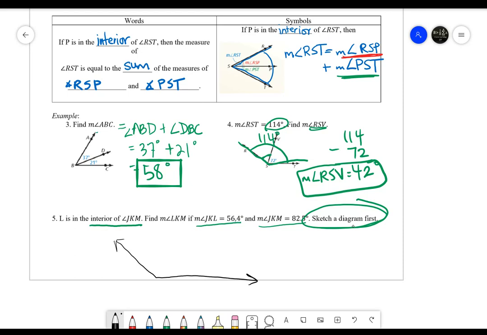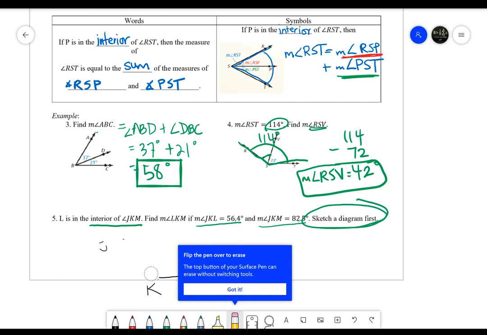It looks like these two added together is more than 130. J will be over here. K must be in the middle because it is the vertex. And then somehow, JKM is actually going to be 82.5. Hold on. That's okay.